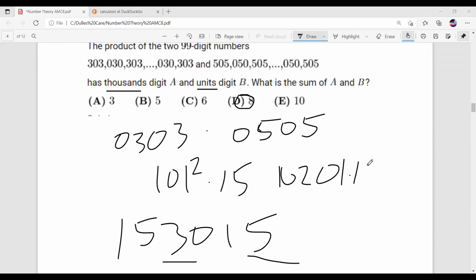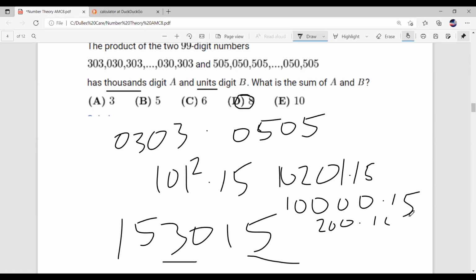We'll get 10000 times 15 plus 200 times 15 plus 1 times 15. All right, and then if we multiply that together, then we just get this expression.